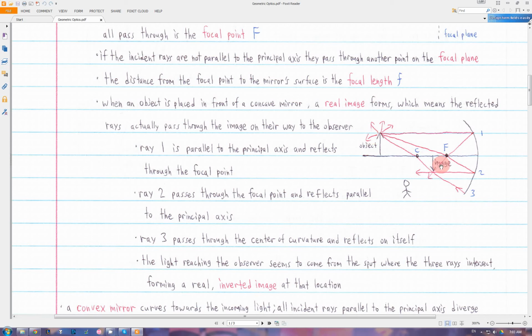This is also a real image, since the light rays actually do pass through this point. They actually diverge from this point. They don't just appear to diverge from this point. So all real images have to be inverted. And oppositely, all virtual images are going to be upright.